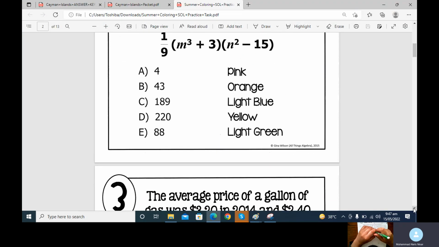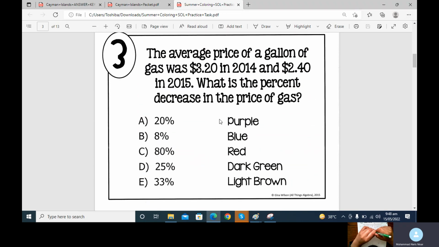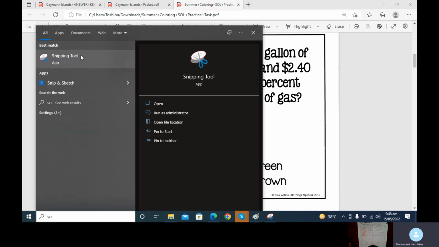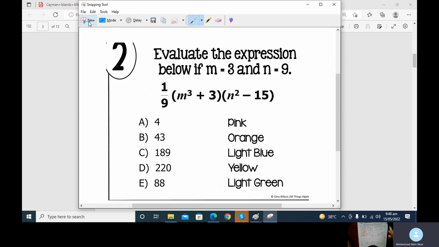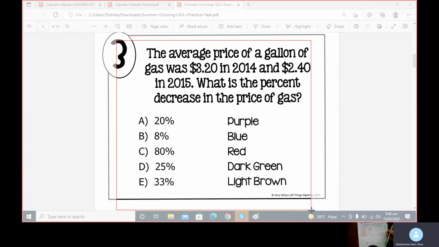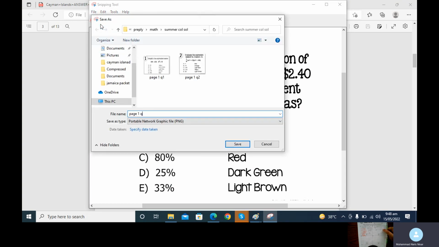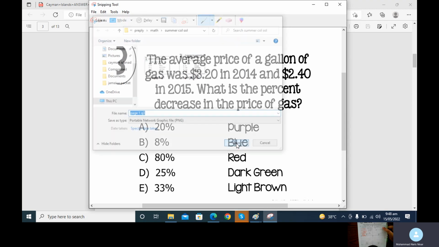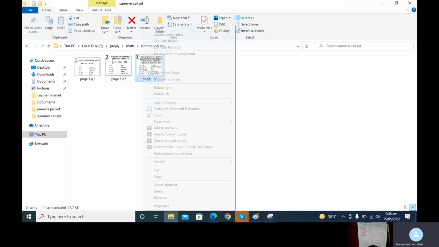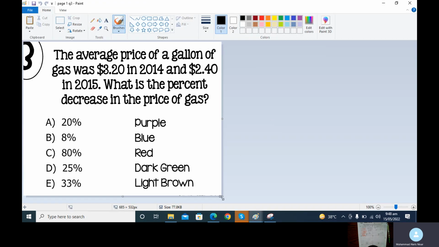Next question. Question number 3. This one. You have page number 1, question number 3. Can you open up the previous question?